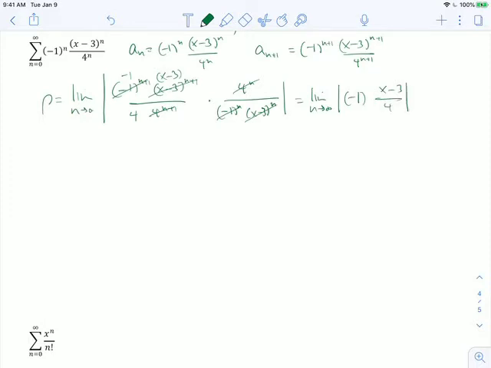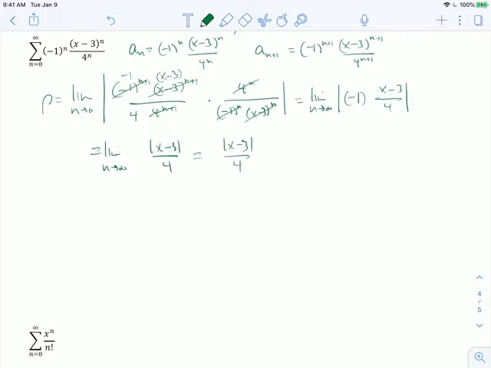Well, the absolute value of the opposite of an expression is just that expression, and so this is going to be the limit as n goes to infinity of the absolute value of x minus 3 over 4. There's no n here, and so this is our limit. This is just a constant.